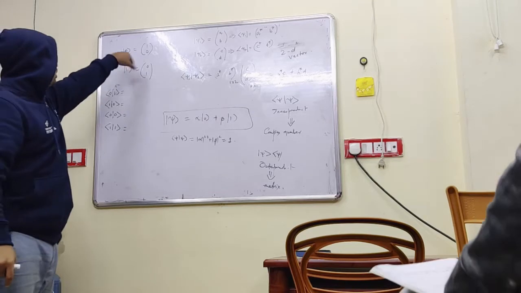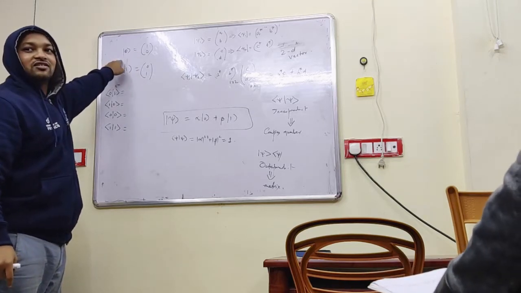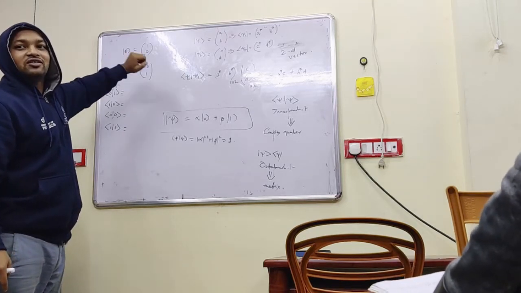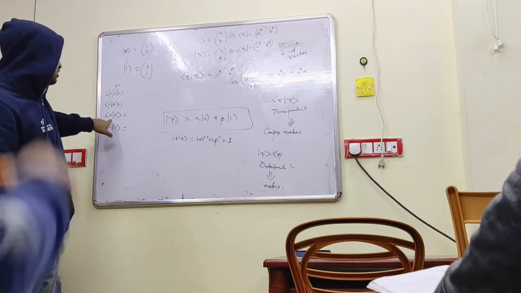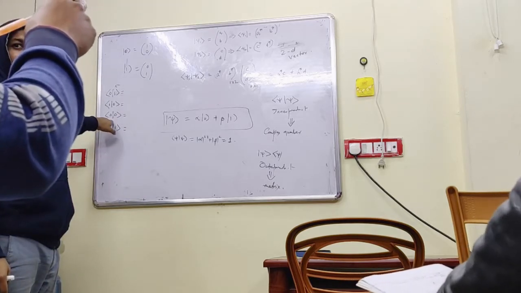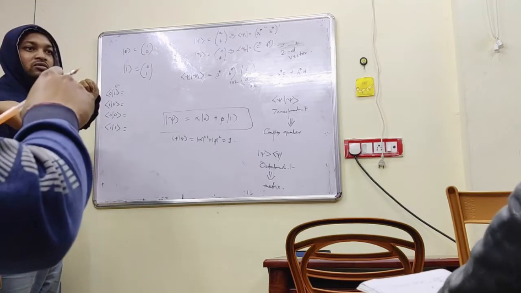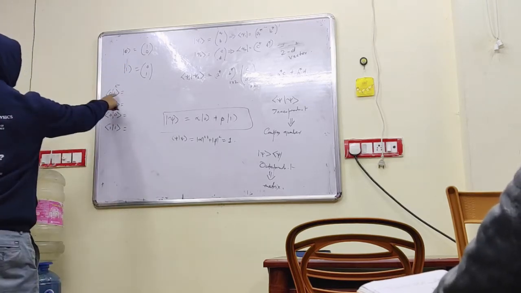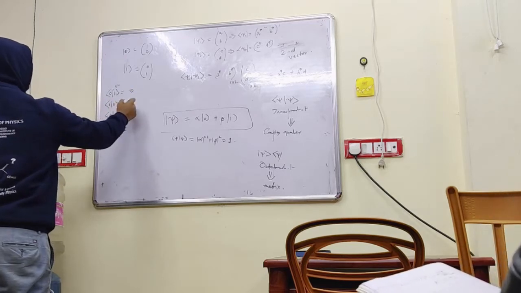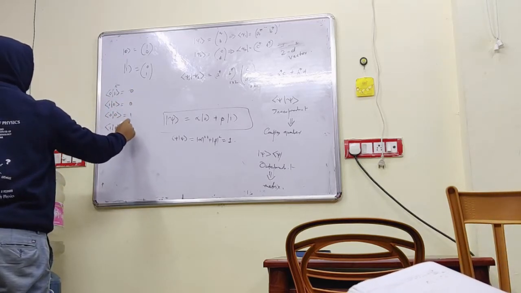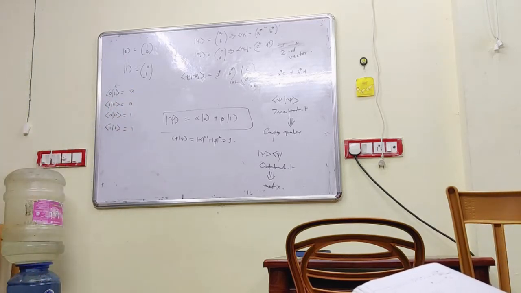Remember, before writing this, there was something written here: the orthogonality. If they are the same, it is 1, otherwise 0. So the results are 1, 0, 0, 1.